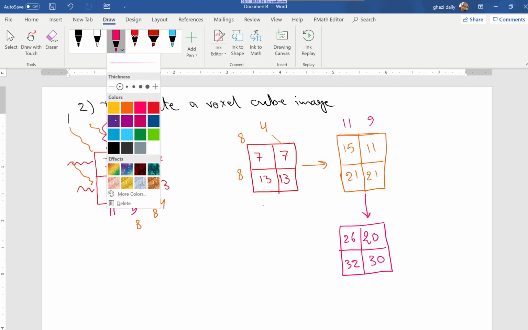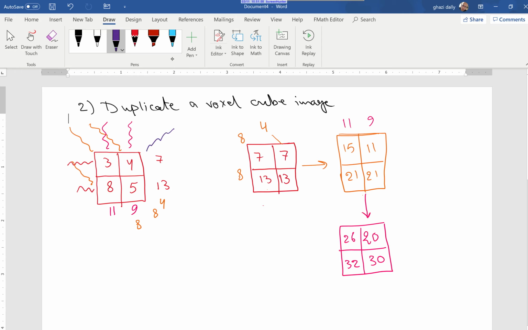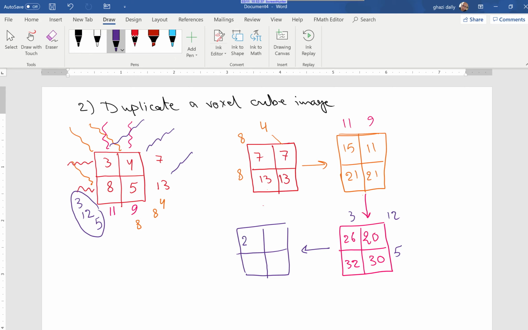And finally, radiating it diagonally but from the other side, the detectors in this case will read 5, 4 and 8, that's 12 and 13, taking them and adding them there as 3, 12, and 5 to come up finally with 3 and 26, that's 29, 12 and 20, that's 32, 12 and 32, that's 44, and 30 and 5, that's 35.